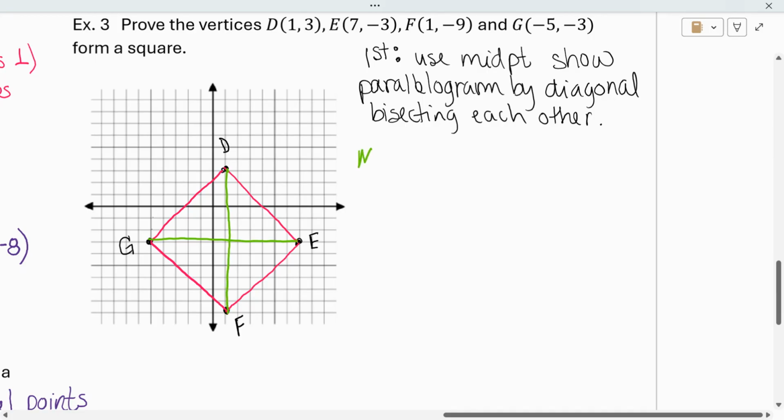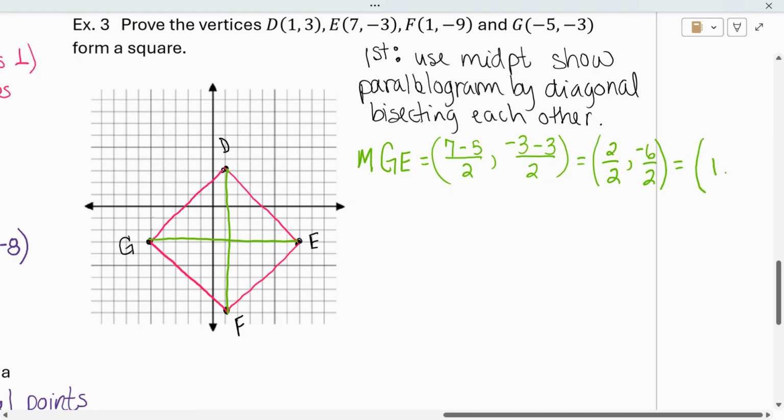So the midpoint of GE, well, that's just my x coordinates of G and E, 7 added to negative 5 divided by 2, and negative 3 added to negative 3 divided by 2. So the midpoint of GE, well, 7 minus 5 is 2, so 2 over 2, and negative 3 minus 3 is negative 6 over 2. I can reduce that to 1 comma negative 3.